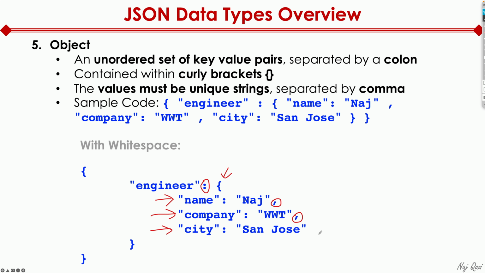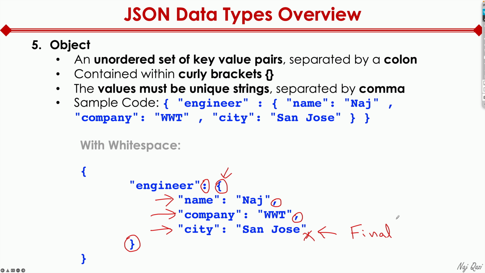The third one has no comma, because this is the final string that defines our object called engineer. Because this is final, we're ending it with a curly bracket, which started right here, and we're ending it right here. Okay? So this is very important to notice. For the exam and also for real-world purposes, there is no comma at the end.